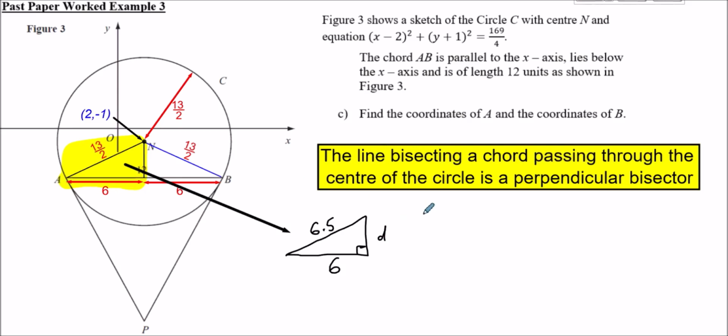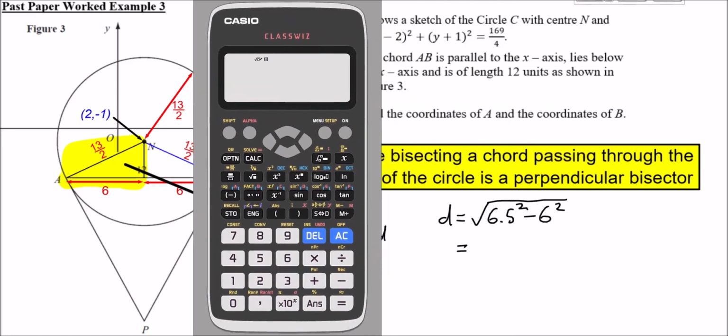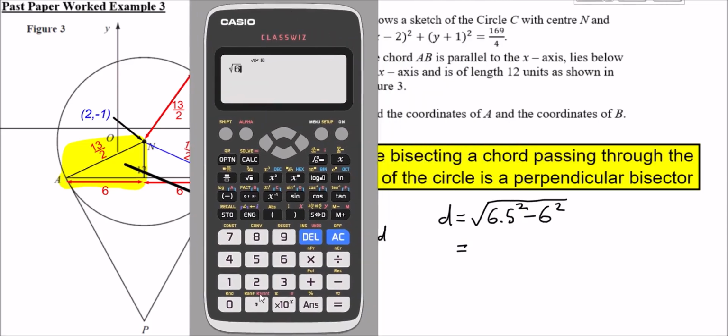So we can work out what D is by applying Pythagoras. D is going to be the square root of 6.5 squared minus 6 squared. You need your calculators for this, I reckon. Well, you don't, but it's just common sense really to use it. So square root of 6.5 all squared minus 6 squared.